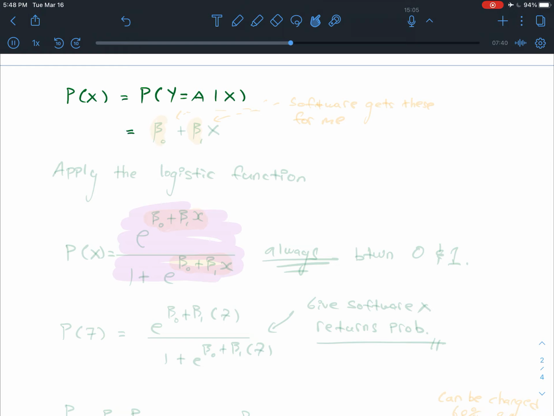That means it looks like this: beta naught plus beta 1 x. I let software pick these weights for me. But we still have this linear regression line, and we want to transform this a little bit to get a probability estimate. So we're going to apply the logistic function.